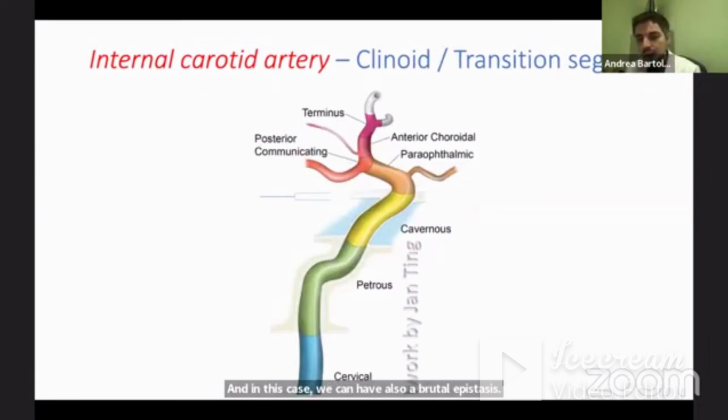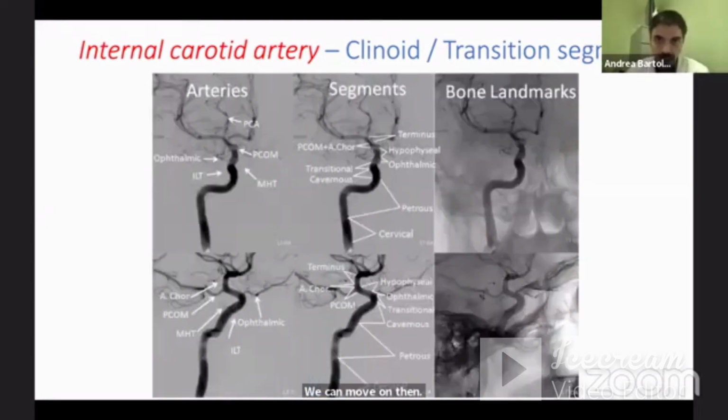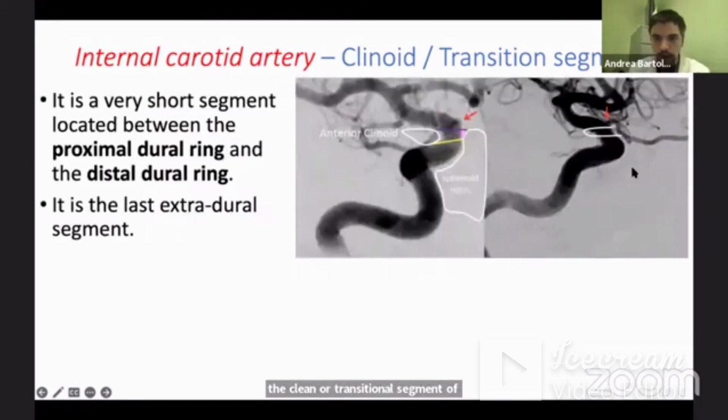We can move on to the next segment of the internal carotid artery, the clinoid or transitional segment. It's a very short segment located between the proximal dural ring and the distal dural ring, and it is the last extradural segment.